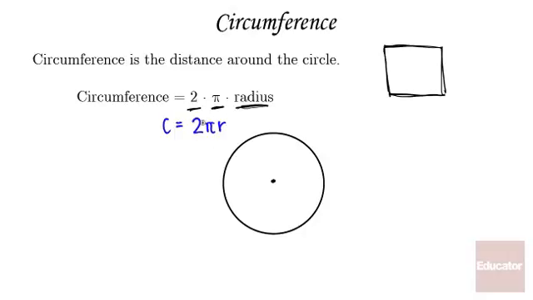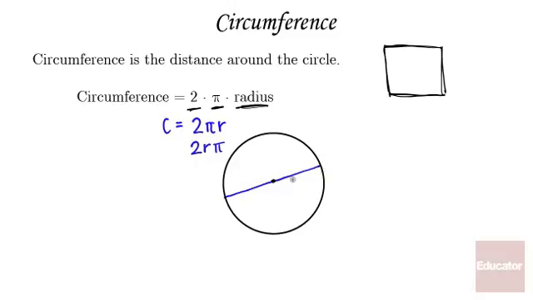Since the order doesn't matter, I can do 2 times r times pi. Now 2r, if I take a radius and multiply it by 2, so that's 1, and then here's another one, r plus r is the same thing as 2 times r. Doesn't this become the diameter?